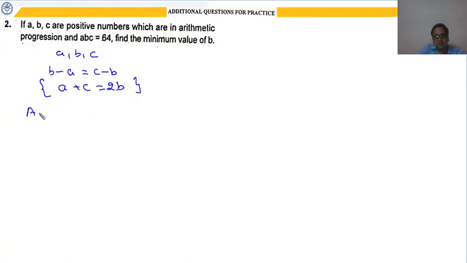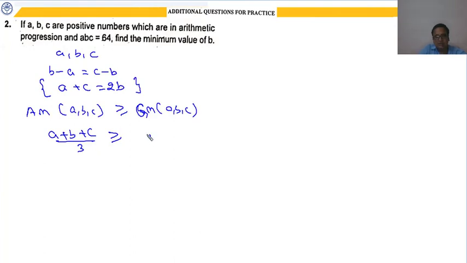Now they are positive numbers, we can say the arithmetic mean of A, B, C is definitely greater than or equal to the geometric mean of A, B, C. That is, (A plus B plus C) upon 3 is greater than or equal to (ABC) to the whole power 1 by 3. We have to find the minimum value of B. We know A plus C is equal to 2B.